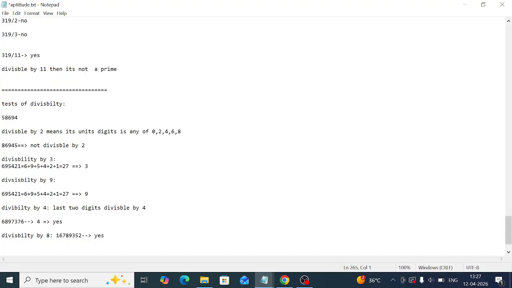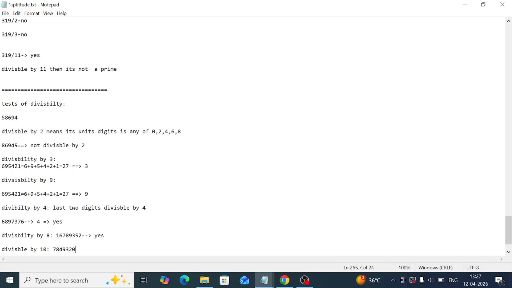Next, divisibility by 10. When can you say a number is divisible by 10? When its units digit is 0. See, 7, 8, 4, 9, 3, 2, 0 is there.